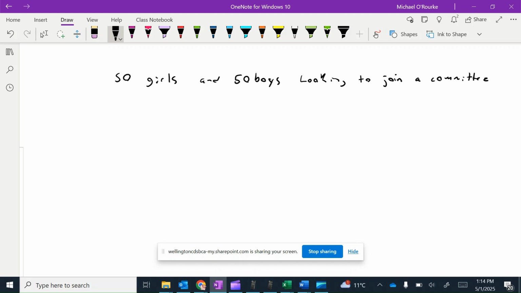Okay, 50 girls and 50 boys looking to join a committee. Let's say the committee has 10 people in it. It's 10 people in the committee.